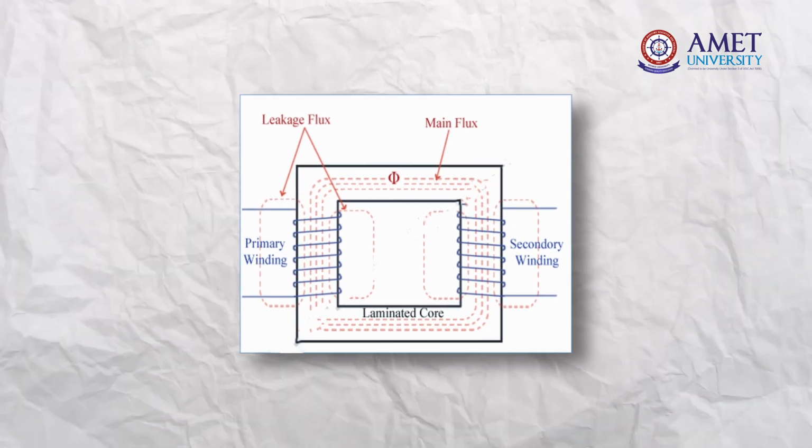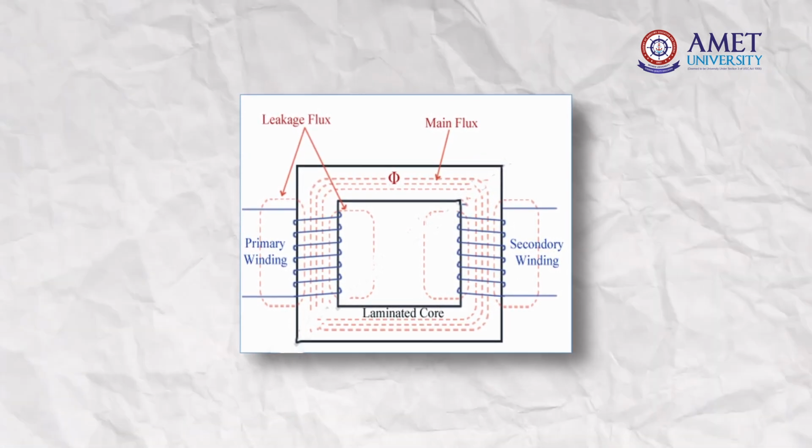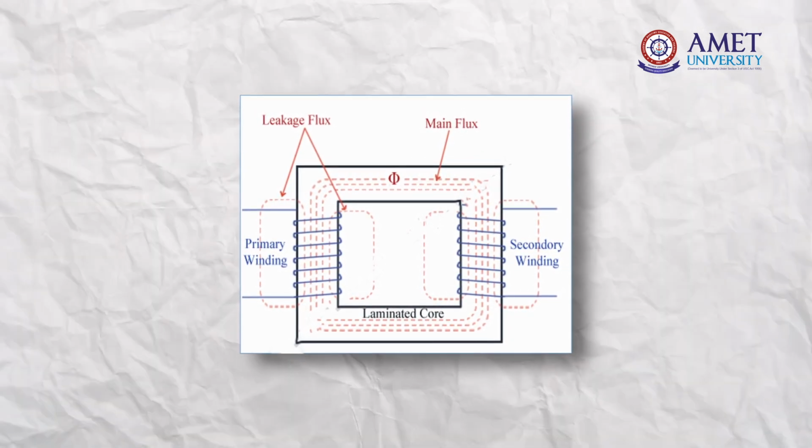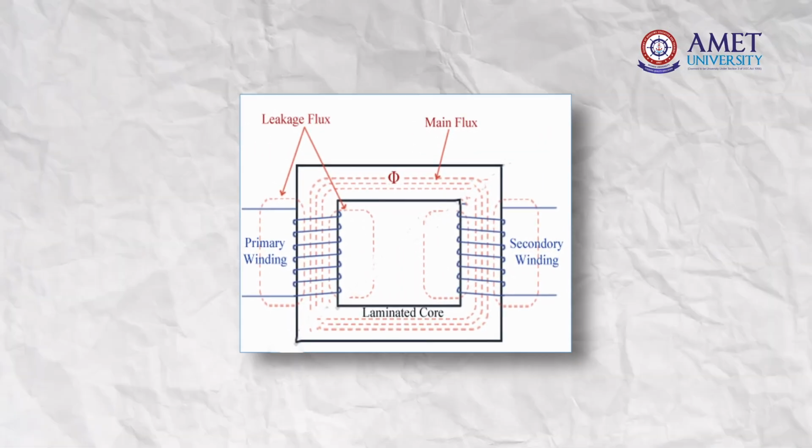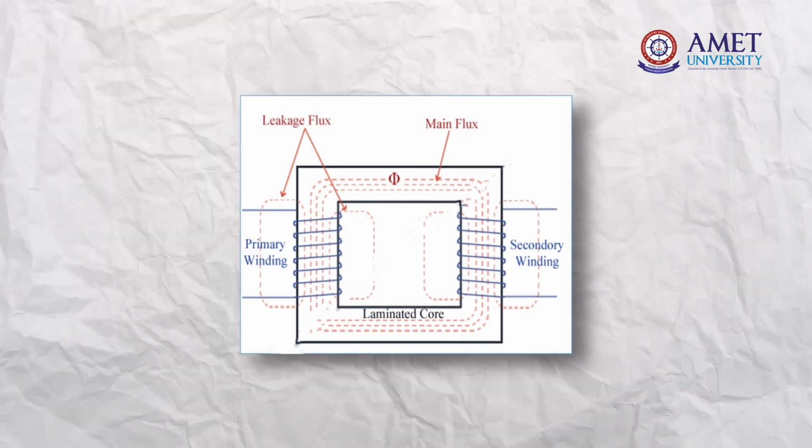When we pass current in the primary coil, the flux will be created. Not all the flux will be linked with the secondary coil. Some of the flux is linked with the secondary coil, and some is not. Only due to the flux connected to the secondary coil will EMF be generated in the secondary coil. The flux linked with the secondary coil is called useful flux or main flux. The flux not linked with the secondary coil is called leakage flux or wastage.